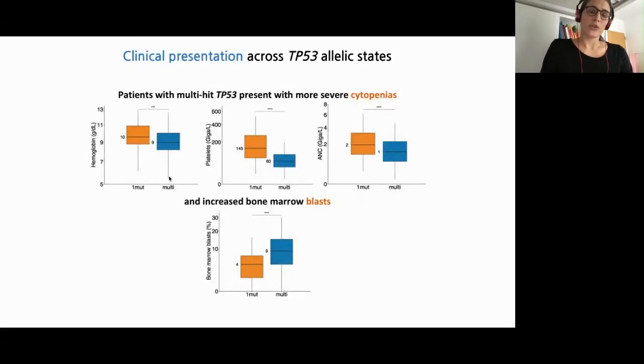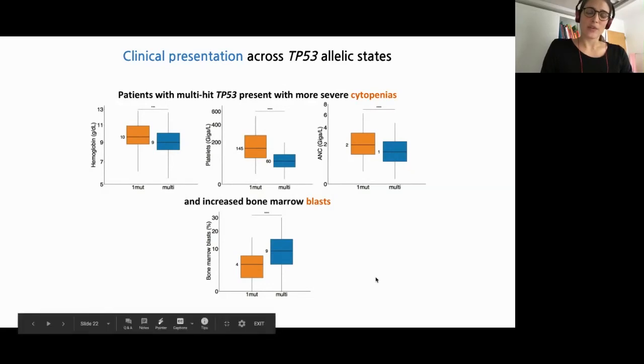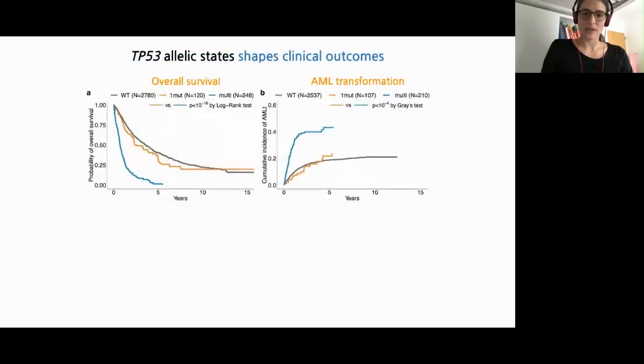On the top, you see that for hemoglobin, platelets, and neutrophils, patients with biallelic TP53 are lower than the monoallelic TP53 patients. They also have increased bone marrow blasts compared to monoallelic TP53, and the blast count is the strongest morphologic parameter for the current assessment of MDS subtypes and risk.